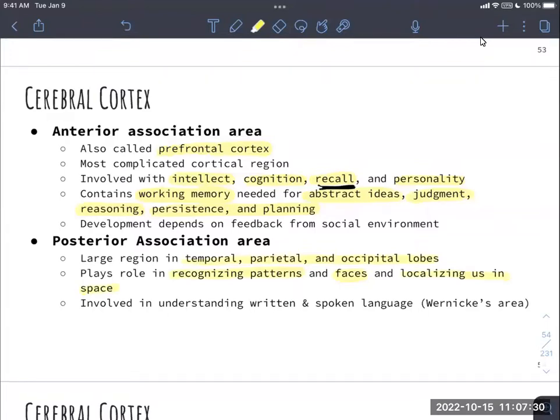That is how we understand what you're looking at this very moment and what you're hearing. That's all done in the posterior association area known as Wernicke's area. Wernicke's area specifically allows you to understand what you're seeing and hearing at this very moment.